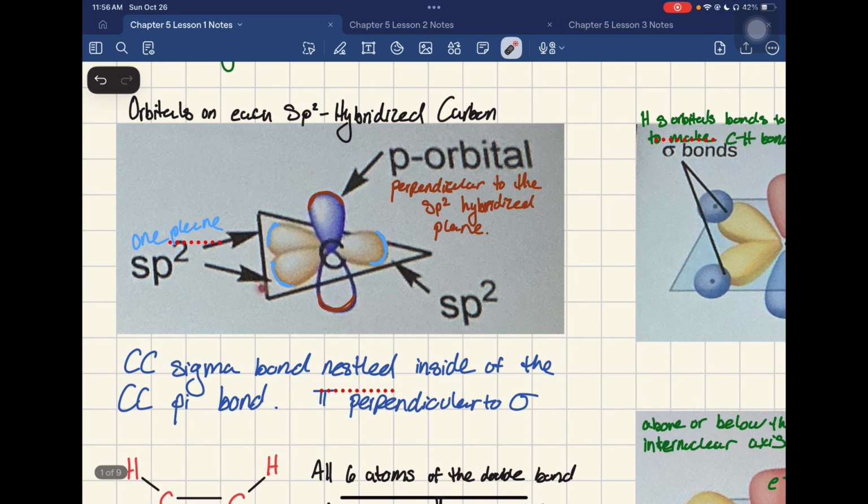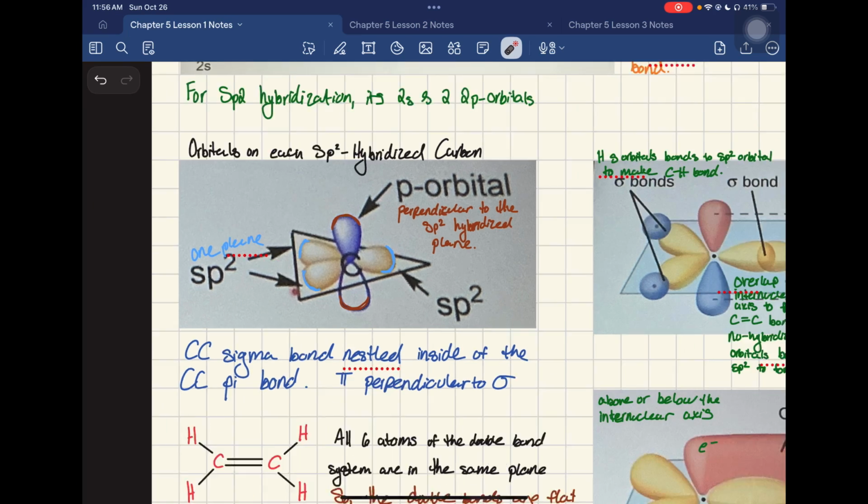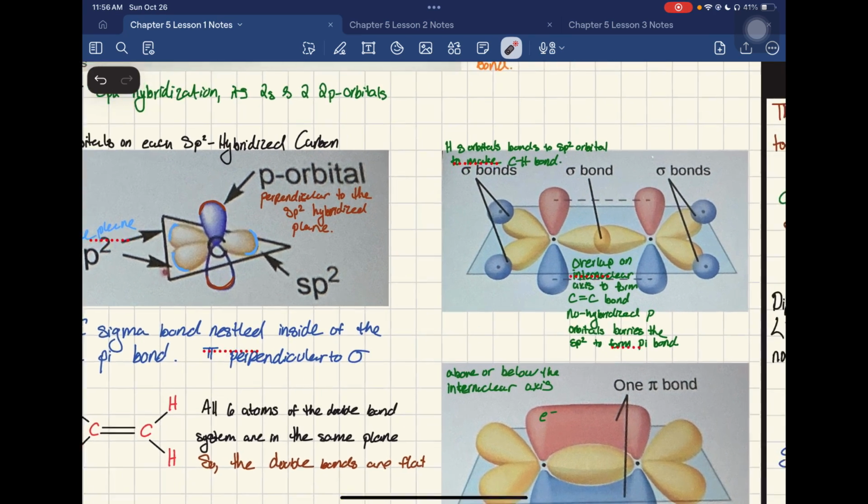That was like what I made up there, except mine looked bad. It's like that, and then like that, right? So that's going to be a p orbital, which is perpendicular to the sp2 hybridized plane. And then we're going to have sp2 and sp2. And again, these are at the corners of the trigonal planar. It has sp2 right there and sp2 right there. Then we have a p orbital that sticks out, right? And that is what's going to cause our bond length to be shorter as well, because that p orbital, actually we'll get to that.